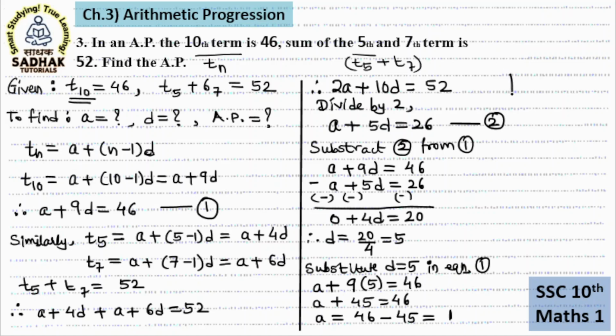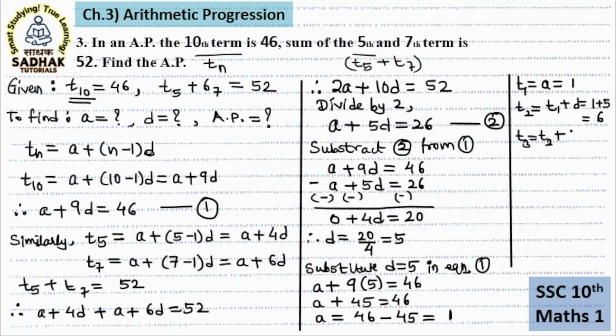So now we have A and also we have D. So we can write the AP. The first term of the AP will be T1 is equal to A, that is 1. T2 will be T1 plus D, that is 1 plus 5, so that will be equal to 6. T3 will be T2 plus D, that is 6 plus 5, that will be 11.